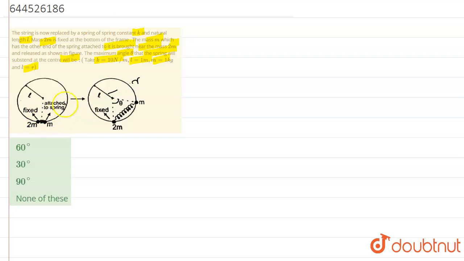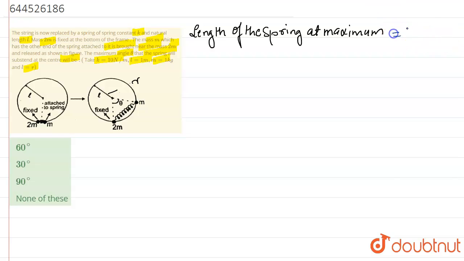Okay, so now it is fixed. When it is released, it makes an angle of theta from the center. So what is the length of the spring at maximum? Spring at maximum elongation: when the spring is stretched to the maximum position, its length will be 2L cos phi.